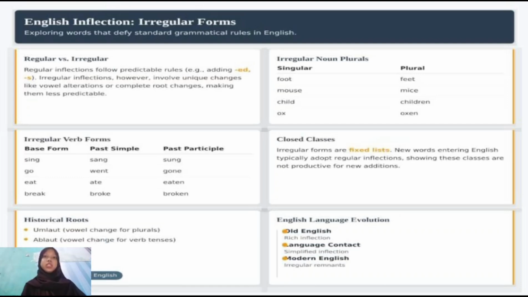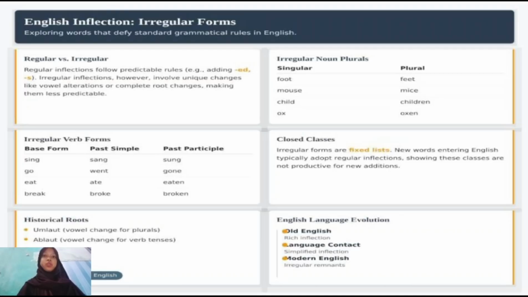Okay, the next slide is English inflection, irregular forms. Regular versus irregular. Regular inflections follow predictable rules, like adding ed or s, and irregular inflections, however, involve unique changes like vowel alteration or complete root changes, making them less predictable.